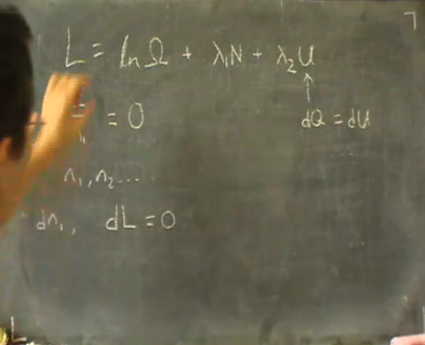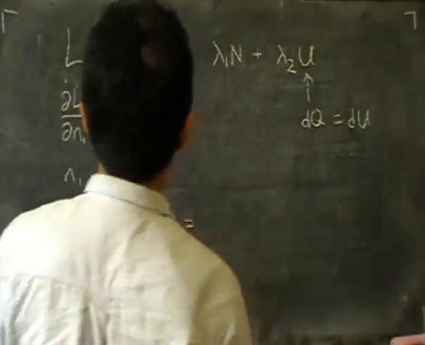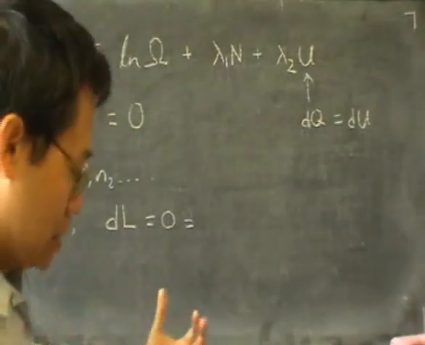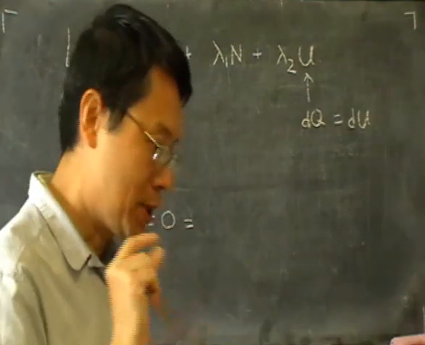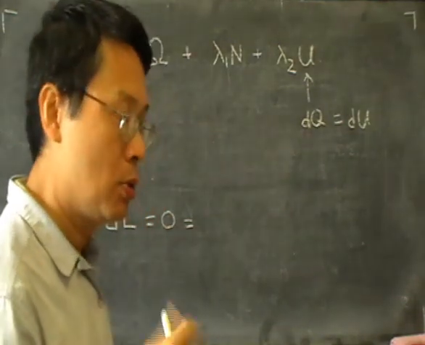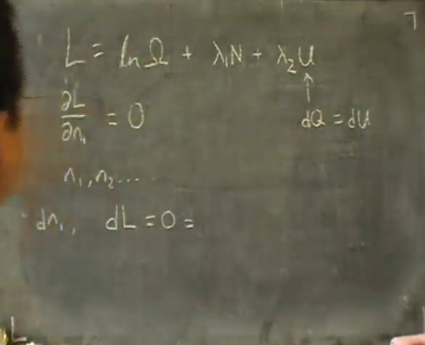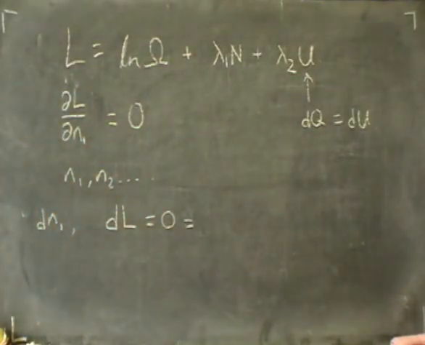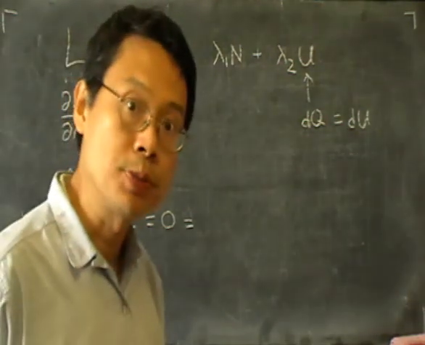So what happens now to the L if I put in this little bit of heat? This is what happens. If I put in a little bit of heat, some of the particles would move up to a higher level. So what happens is that the number of particles N1, N2 and so on, it would change a little bit.